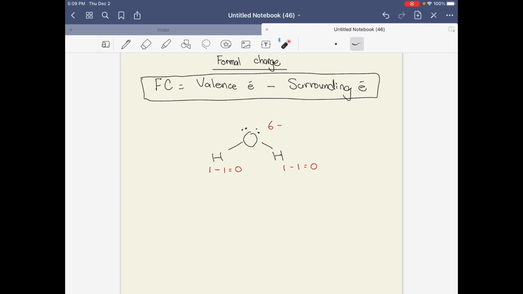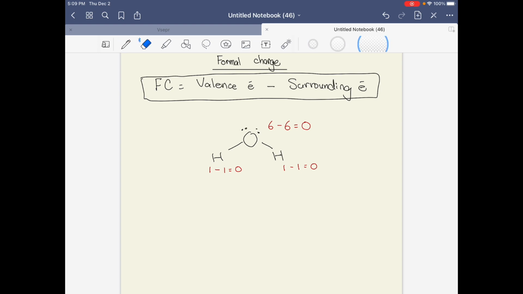Well, let's count. 1, 2, 3, 4, 5, 6. All right, oxygen looks like it is also neutral, which is not surprising because water is a neutral molecule. Having every participant here being neutral is normal. This is actually as normal as it gets.